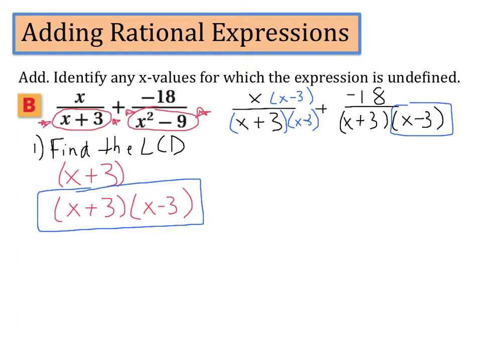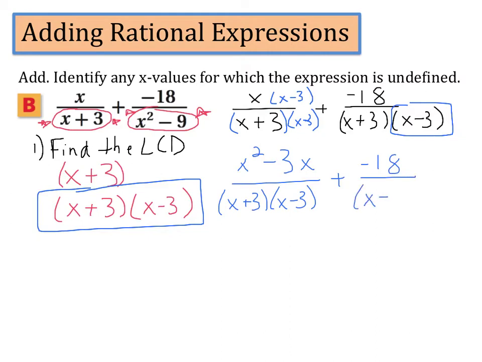If I do out the numerator of this left side expression, I'm going to have x squared minus 3x over x plus 3, x minus 3, plus this negative 18 over x plus 3 times x minus 3.